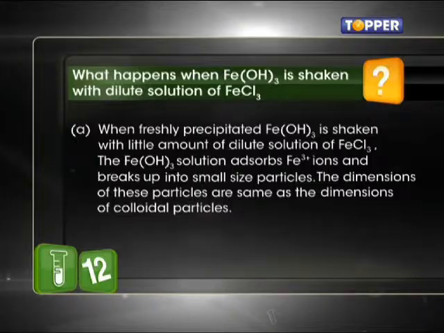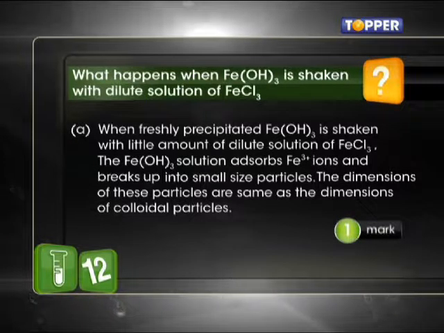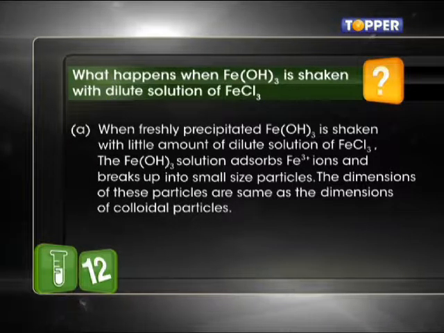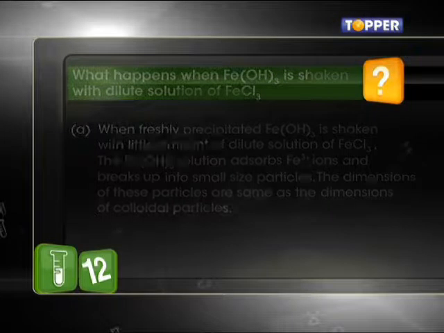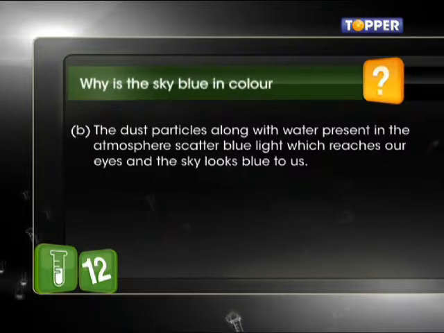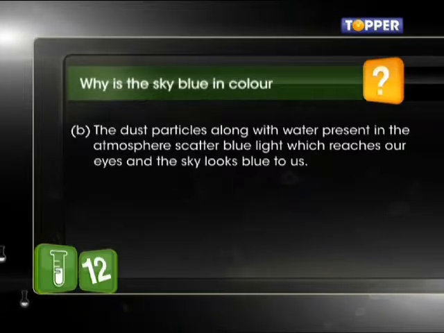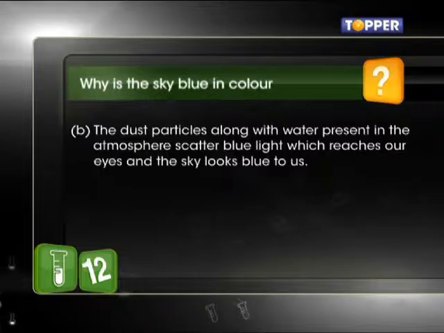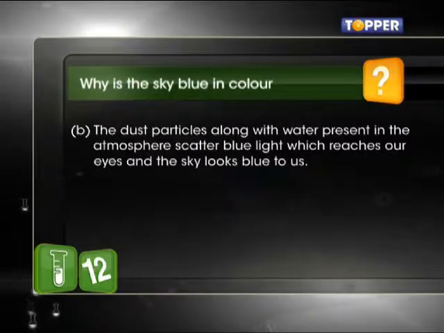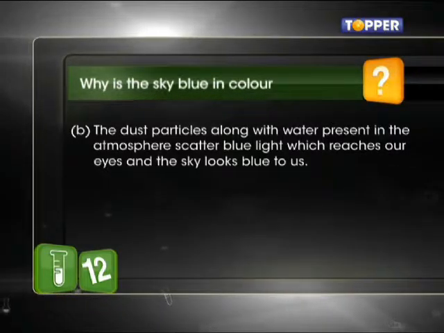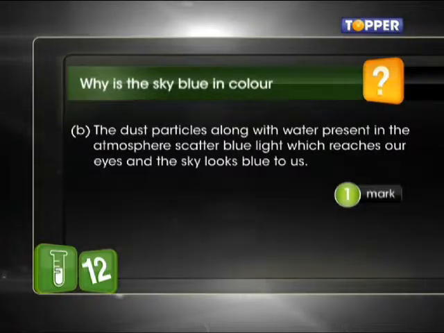Writing this much will get you 1 mark. Now, coming to the second part of the question, why is the sky blue? The dust particles along with water present in the atmosphere scatter blue light, which reaches our eyes and the sky looks blue to us. Writing this would fetch you the remaining 1 mark.